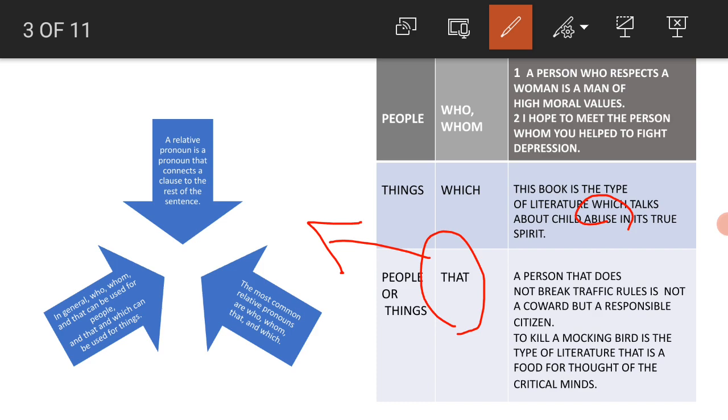That is why that is very common. A person that does not break traffic rules is not a coward but a responsible citizen. And the second example, that is used for things: To Kill a Mockingbird is the type of literature that is food for thought for critical minds.